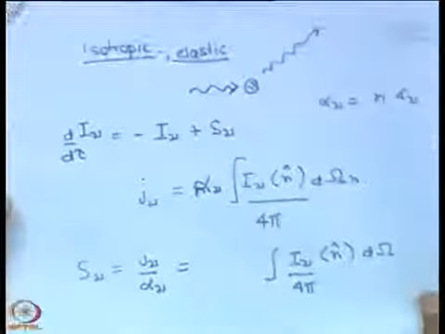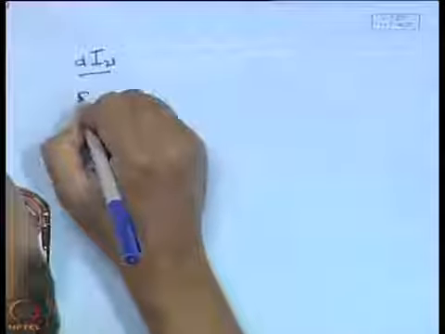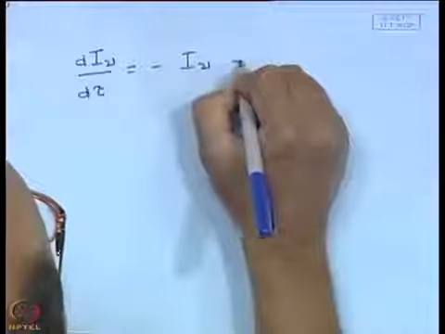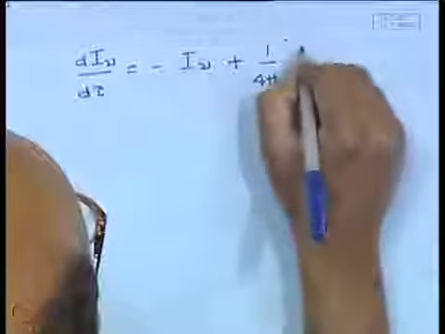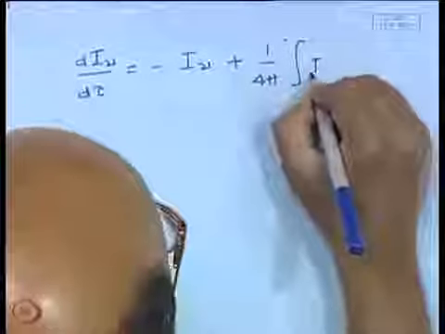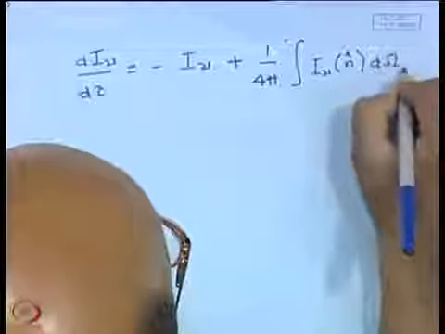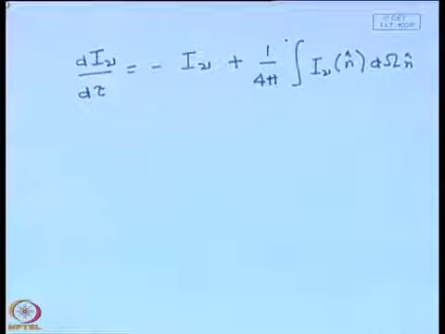So, in the presence of scattering, the radiative transfer equation essentially looks like this. What is the difficulty with such an equation?